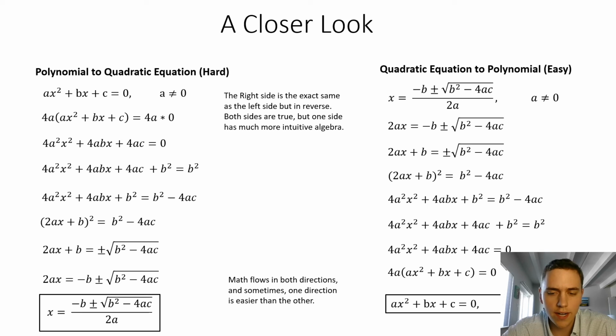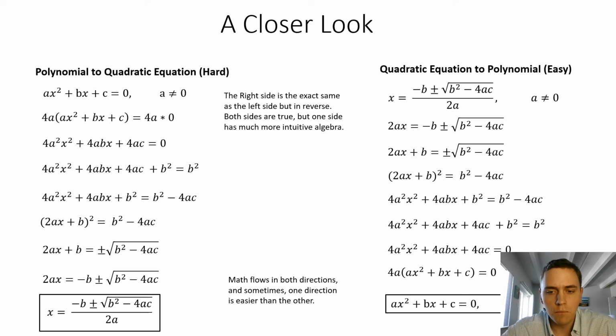We've got the right-hand side now equal to 0. Hey, wait a minute. Every term in this left-hand side now has a 4a in it. Let's pull that out. Look, I've got ax squared plus bx plus c, and that's times 4a equals 0. But we know that a is not equal to 0, so we can just divide by 4a, and then we literally get the polynomial equation.